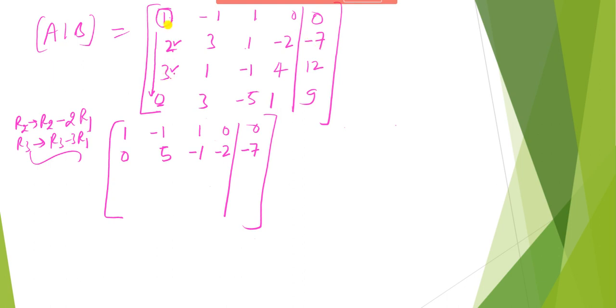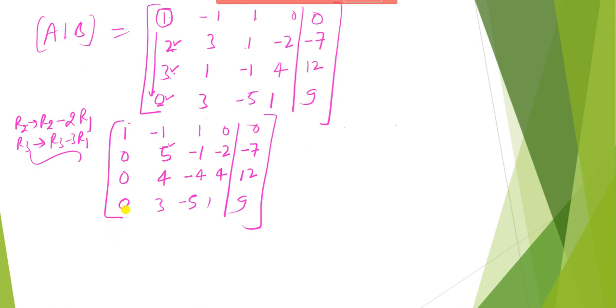For R3, 3 minus 3 is 0, 1 minus minus 3 is 1 plus 3 is 4, minus 1 minus 3 is minus 4, plus 4, and 12, because 3 times 0 is 0 and subtracting it from 12 gives 12. The fourth row has this entry already 0, so write it as such: 0, 3, minus 5, 1, 9.